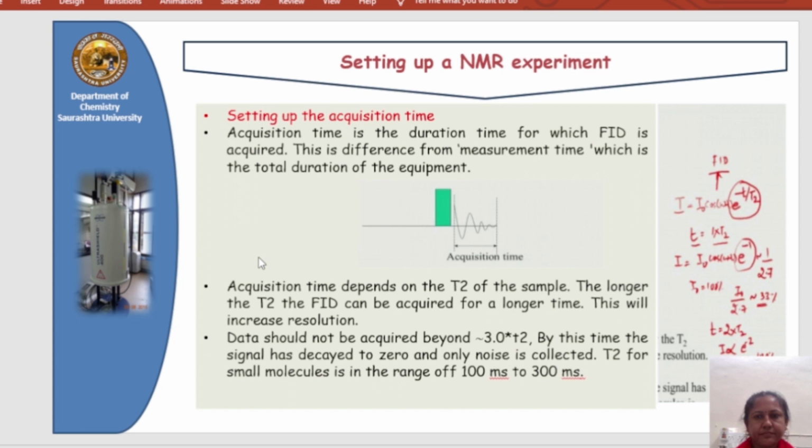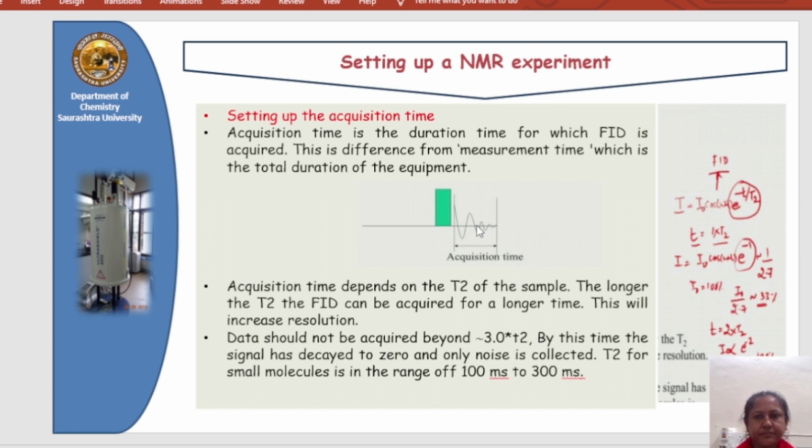So here we are setting the acquisition time. What do you mean by the acquisition time? Acquisition time is the duration for which the FID is acquired. This differs from the measurement time, which is the total duration of the experiment. If T2 is very short, the signal decays very fast.